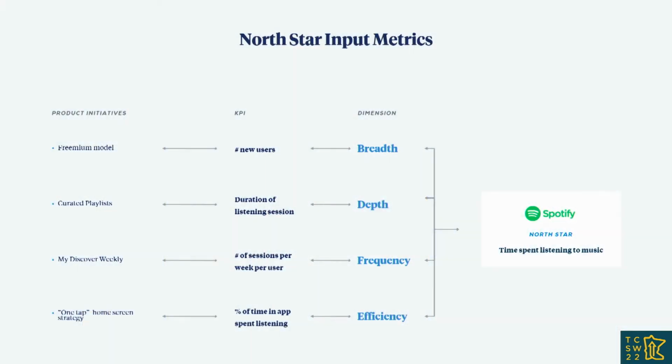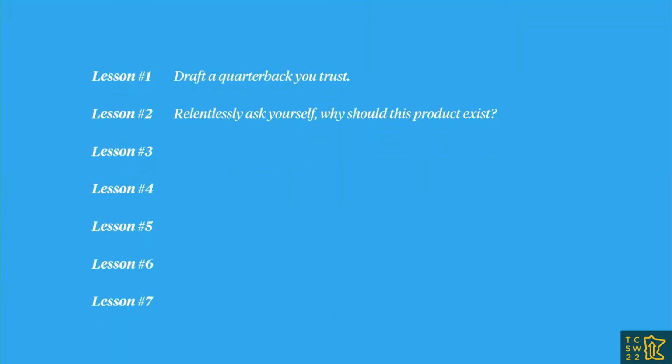And then from within these metrics, there are a lot of different features that we can go about to get there. But the key is starting with the end goal and then working backwards on the how. Starting with the why and then being flexible on the how is really, in our view, the value that this North Star framework provides.